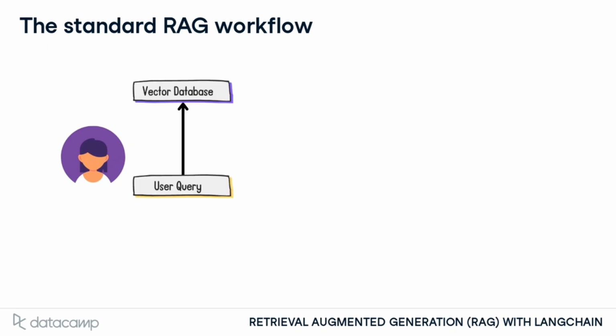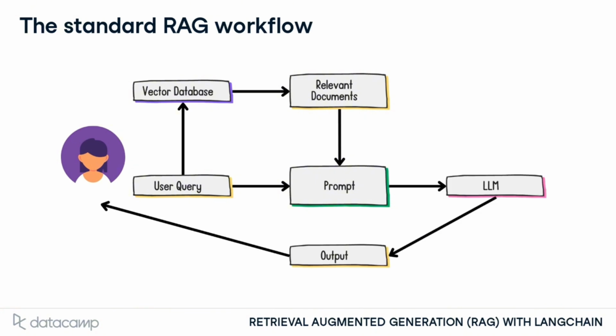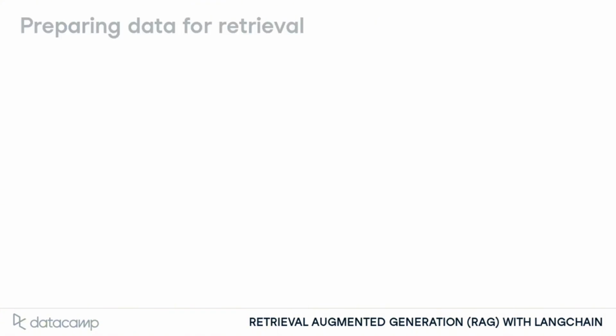This works by embedding user queries to retrieve relevant documents and incorporating them into the model's prompt. RAG provides extra context for more informed LLM responses. This method is commonly used to provide more relevant answers to users based on companies' external proprietary data.